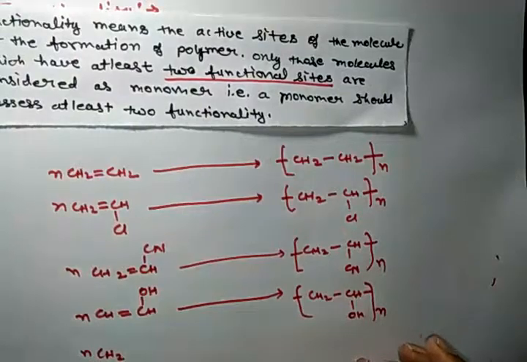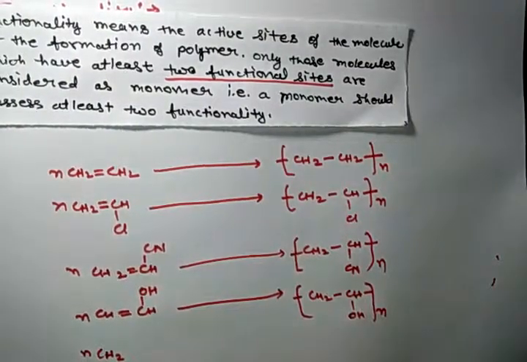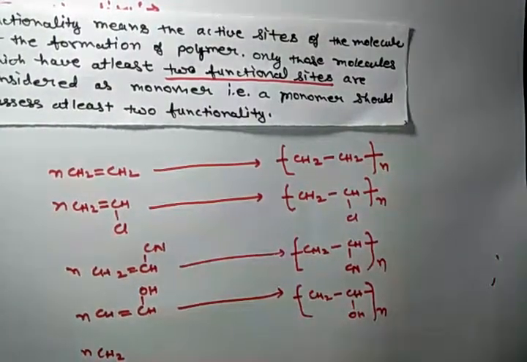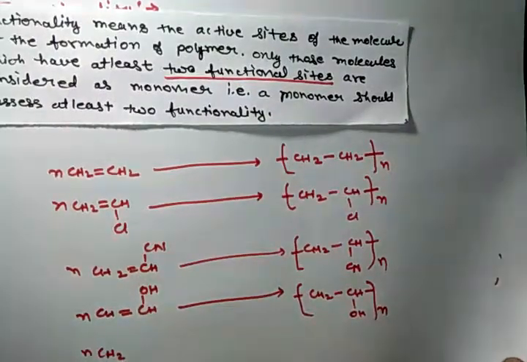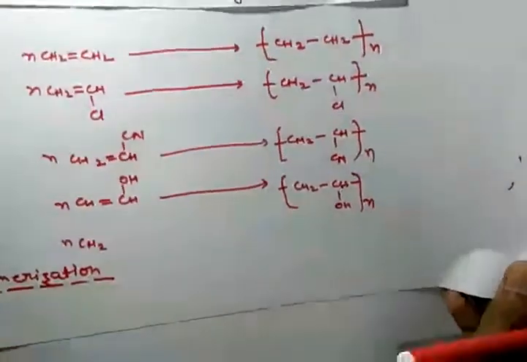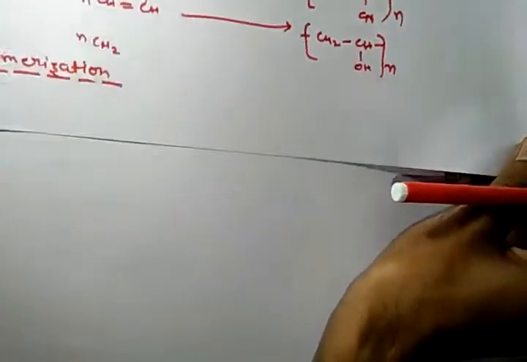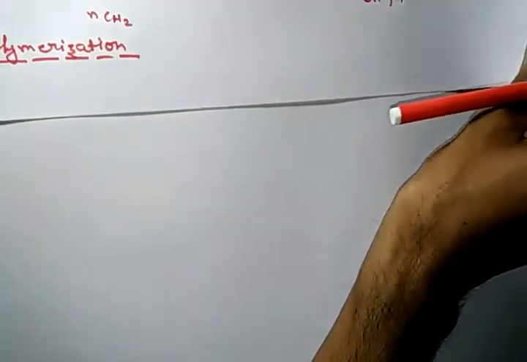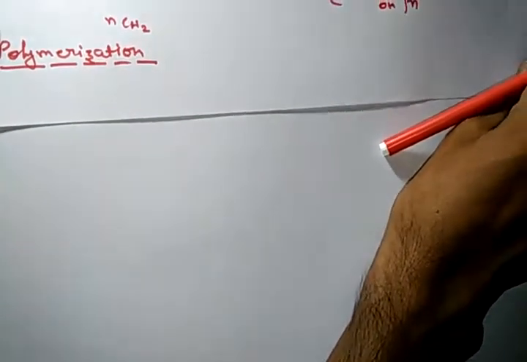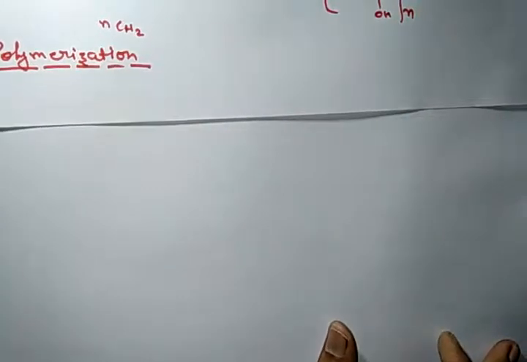Polymerization. The process of polymerization can be explained by these methods. The process of formation of polymer from the corresponding monomer is called polymerization.